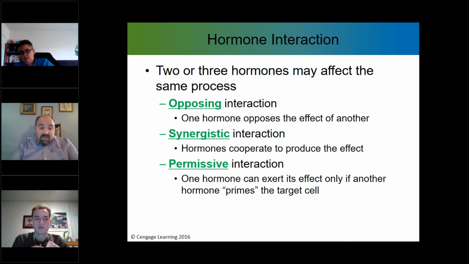And then there is opposing action, where one hormone can oppose the effect of another. Just as we talked about in the muscular system, how we can have muscles that are working synergistically or in opposition to each other, right? Antagonistically. Same thing regarding the hormones: the action can coincide with another gland and hormone, or be in opposition.